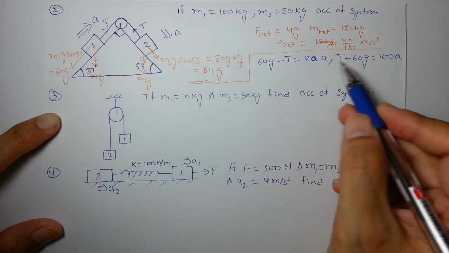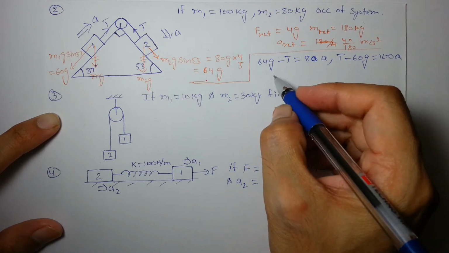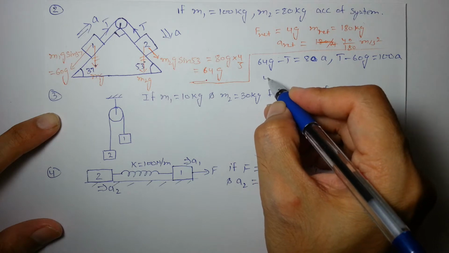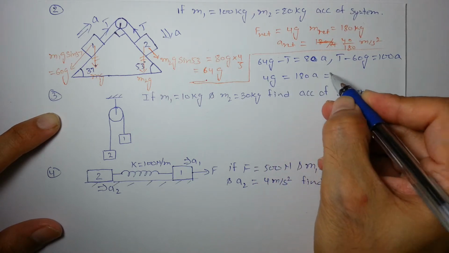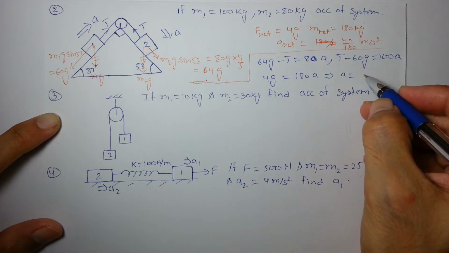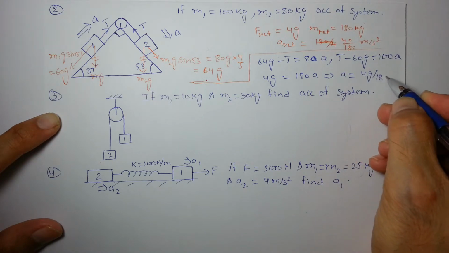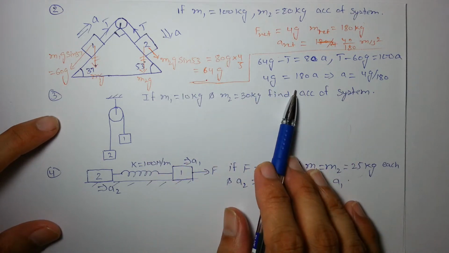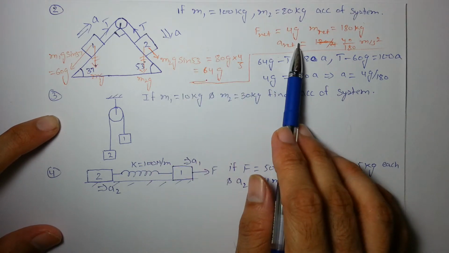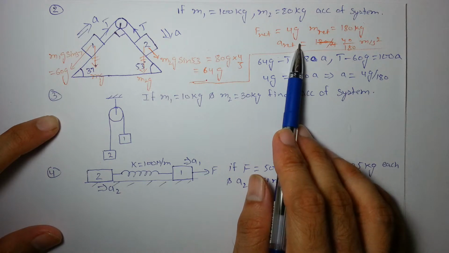And by adding these two equations, I can easily eliminate T, left with 4g is equal to 180a, and that will give me the same a as 4g by 180. Okay, so they are two quite similar methods, but in this we need fewer calculations.